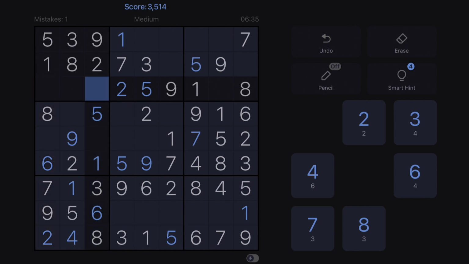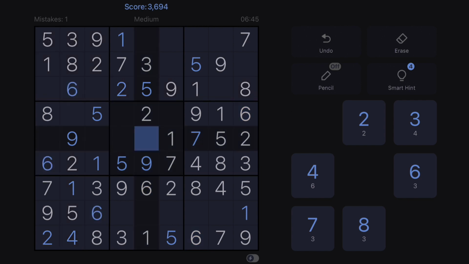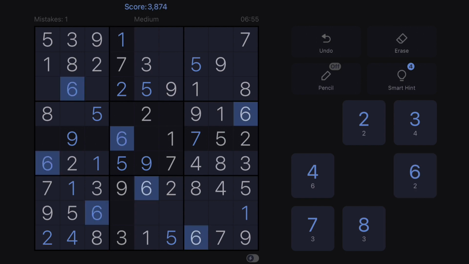It cannot be here because there's one in the same column. So our 6 goes here. And because of that, our middle square cannot have a 6 there because there's a 6 here, not here or here, because there's a 6 to the right, so our 6 goes here.